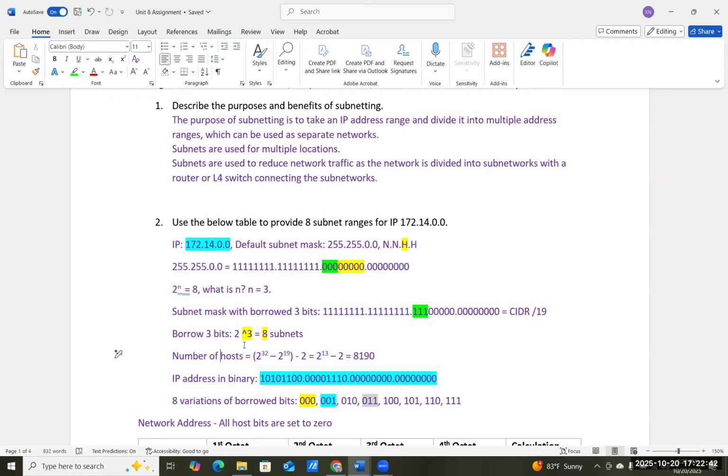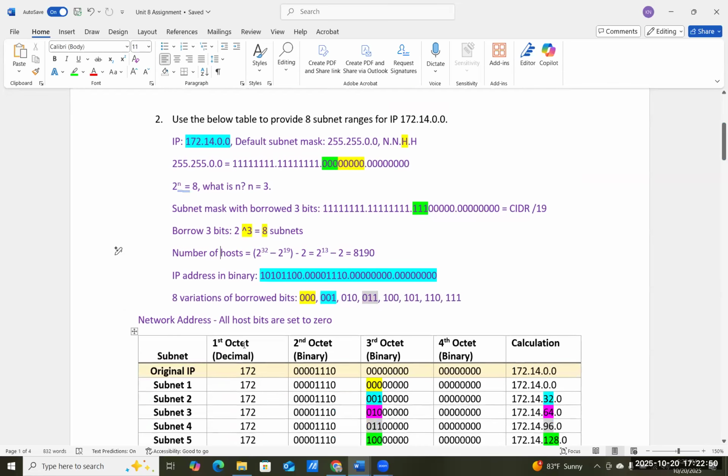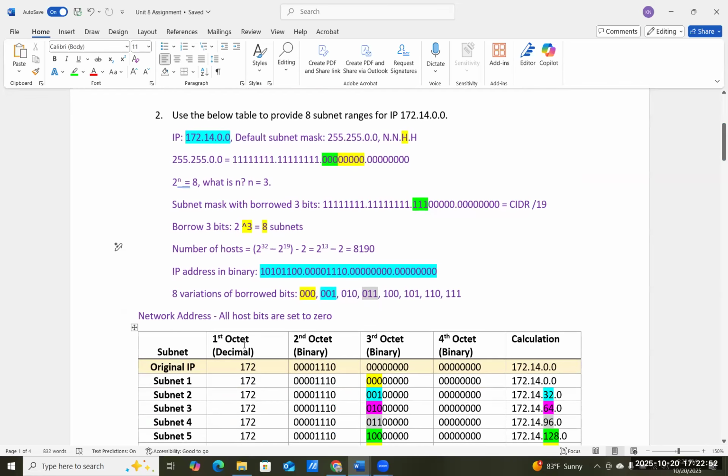So now I take the original value for the total IP address as a whole, which is 2 to the 32 power. I subtract 2 to the 19th power. You use your scientific calculator for this, right? But remember, I cannot use the 0 and I cannot use the 255, the front and the back. So you have to subtract another 2.